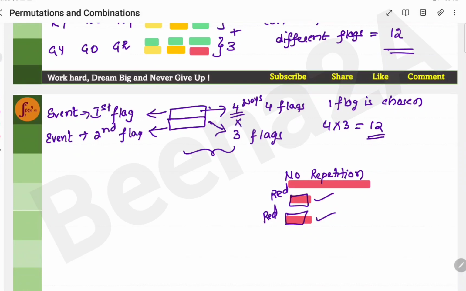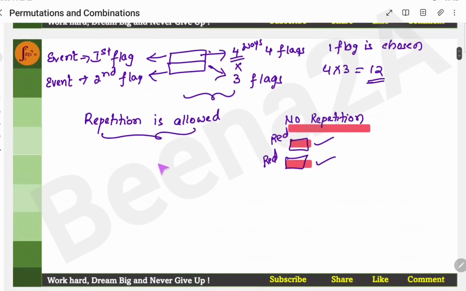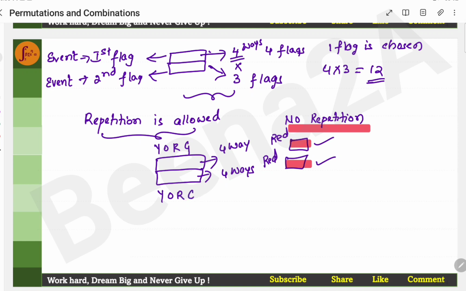Assume they told us repetition is allowed. The answer will change. I have two flags. First flag, four ways. Second flag also four ways, because repetition is allowed. So 4 into 4 will be 16 ways.